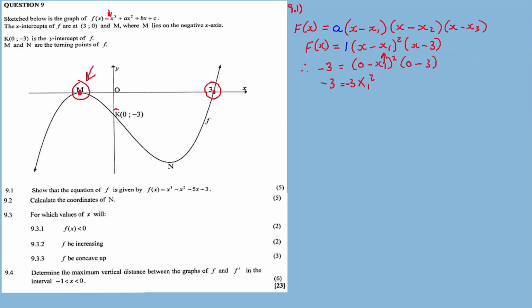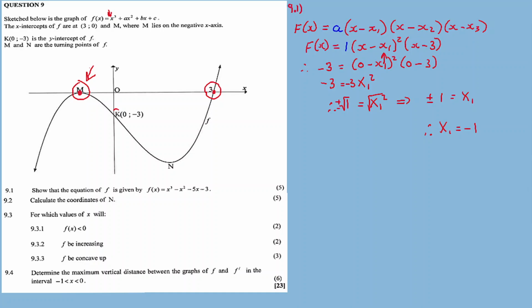Yes, and then I divide both sides by -3. Ngithola ukuthi x1 squared is equal to 1. Then by squaring both sides la, the one about plus minus. So therefore x1 is plus minus, but to x1 wami uzoba equal to -1 ngoba ulokanje wami nangu la. My m is on the negative x-axis.